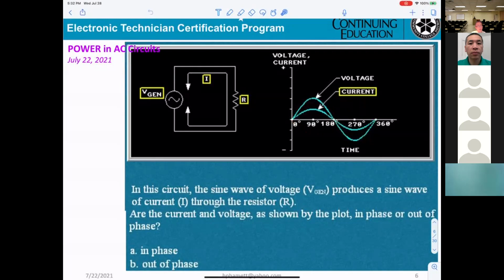Out of phase, 180 degrees out of phase. Okay. Otherwise, they just shift to the right. Okay. That means you have to calculate the phase difference.